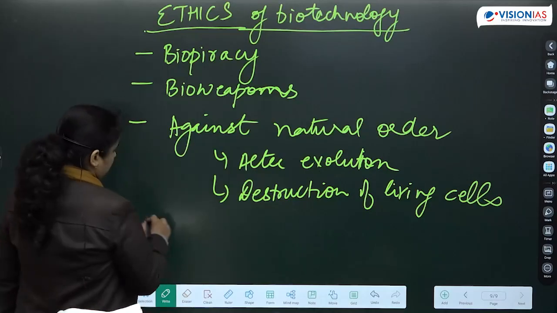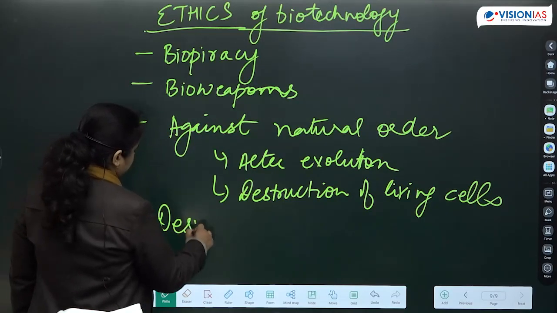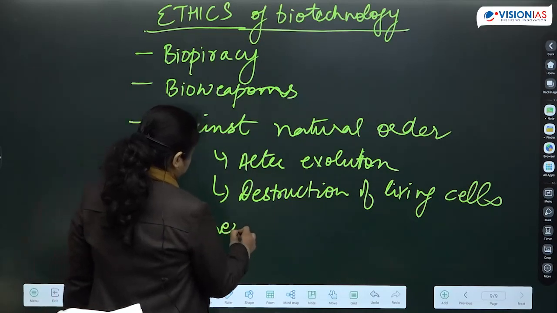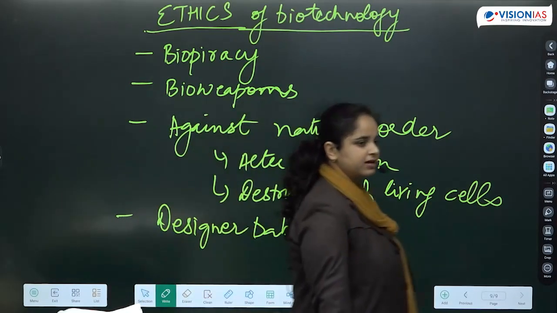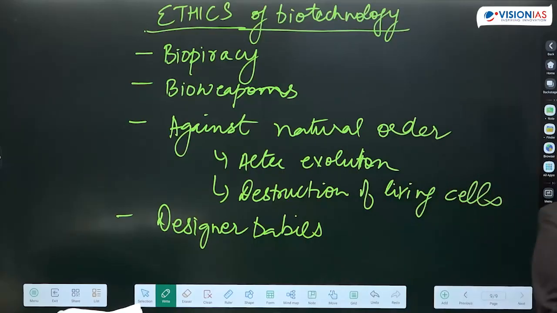You can also have one more specific argument, which is that of designer babies. Do you remember designer babies? When you do gene editing to introduce any feature, you are creating a situation where people can get customized features in their babies, right?